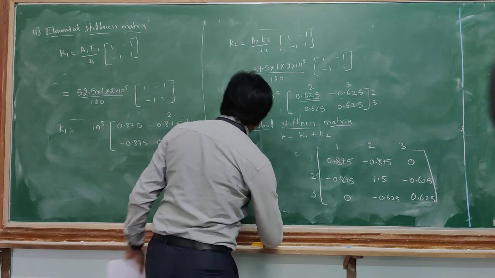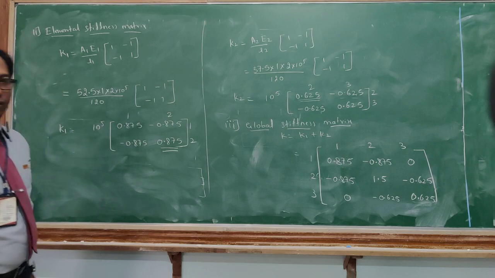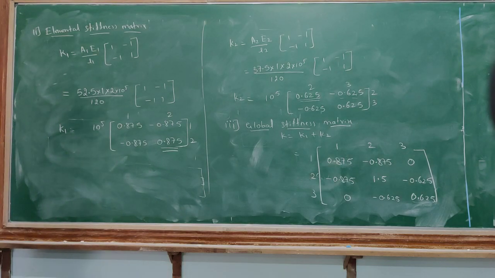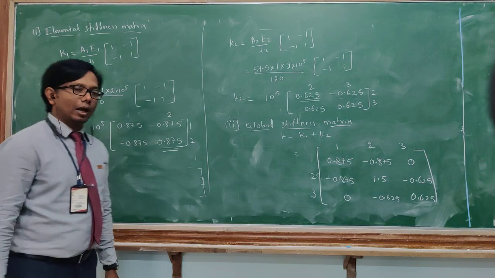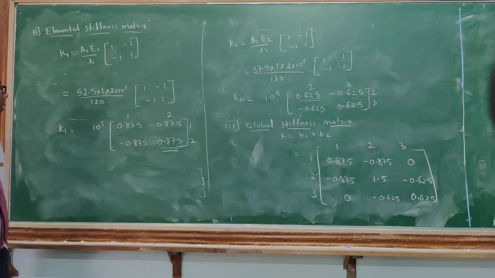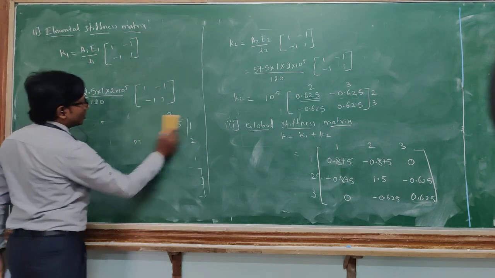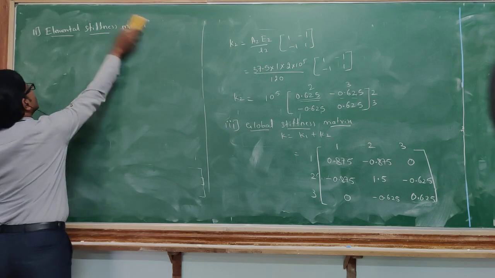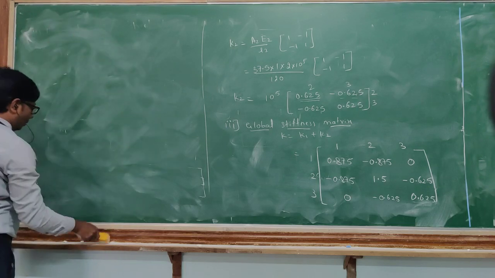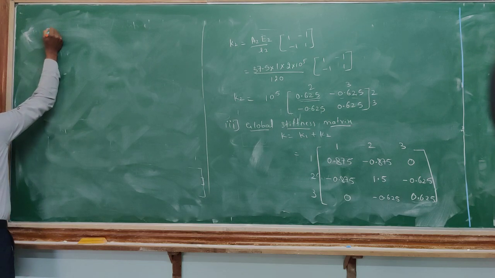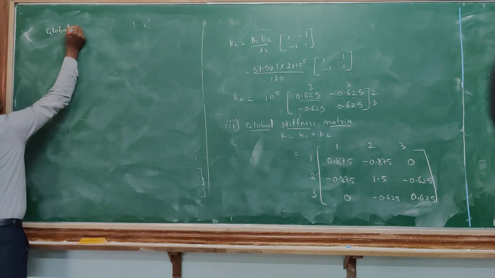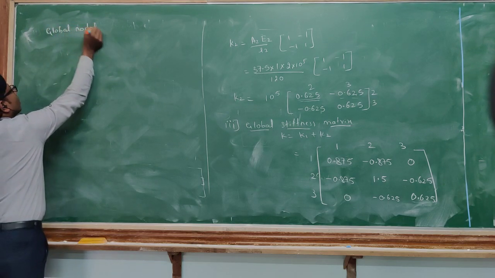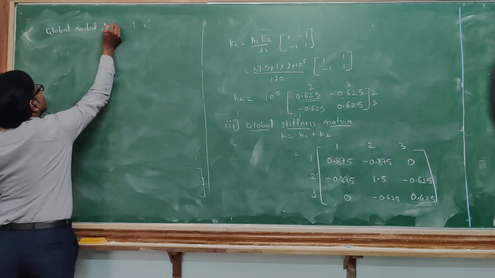So after writing the global stiffness matrix, we will be going ahead with the global nodal displacement as well as the global force vector. So we'll do that calculation. Here only we'll write the global nodal displacement.